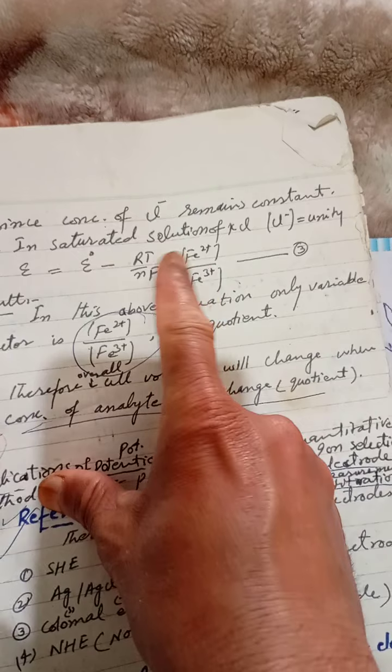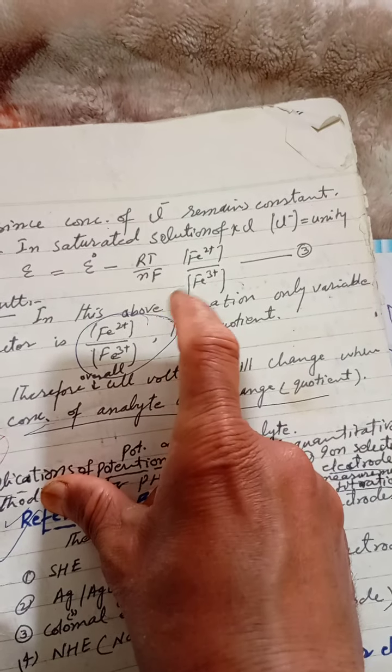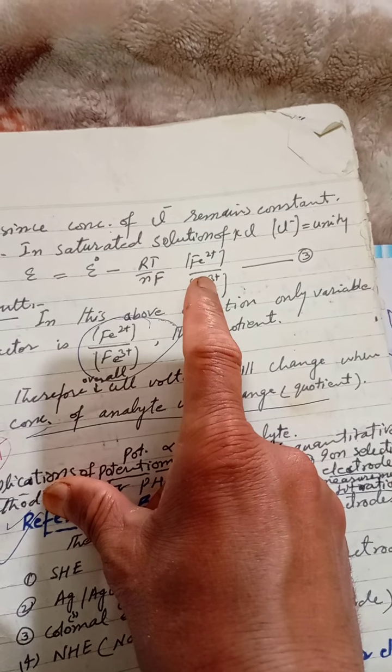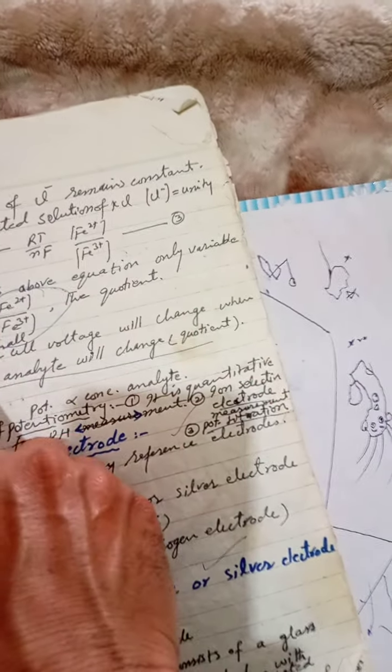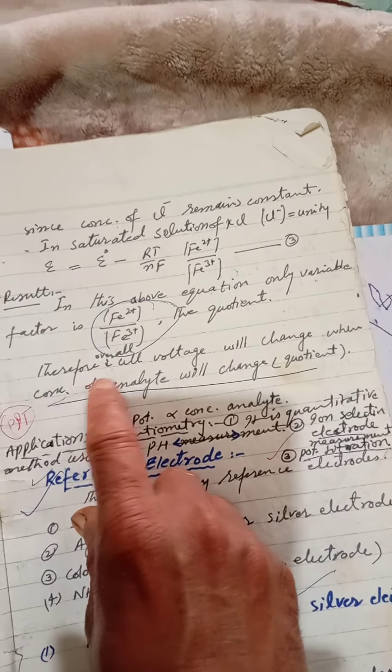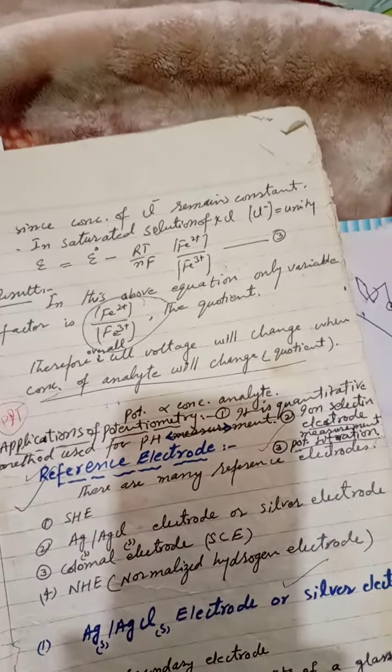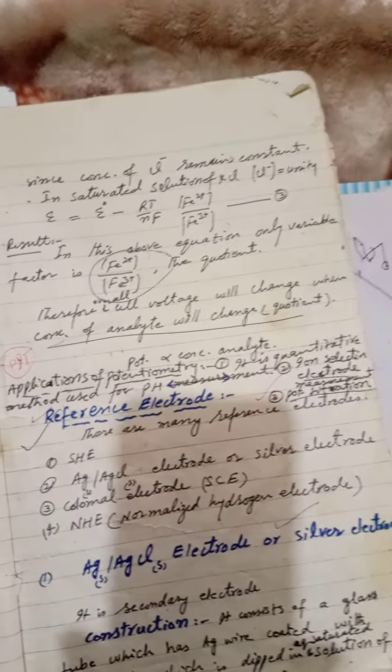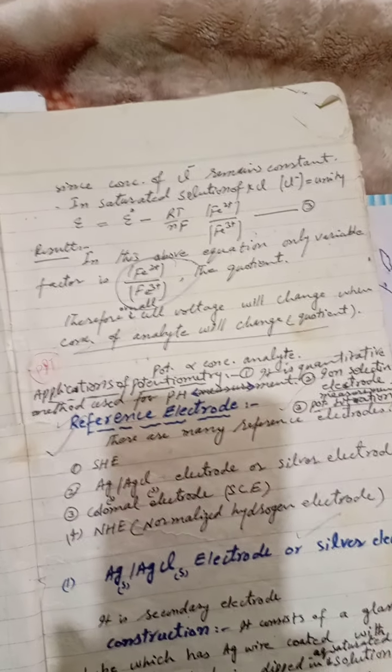This is the quotient. Actually, electrode potential depends upon the analyte concentration. In this equation, the only variable factor is the iron ion concentration, the quotient. Therefore, the overall cell voltage will change when the concentration of analyte changes. So this is the reference electrode, the silver electrode.